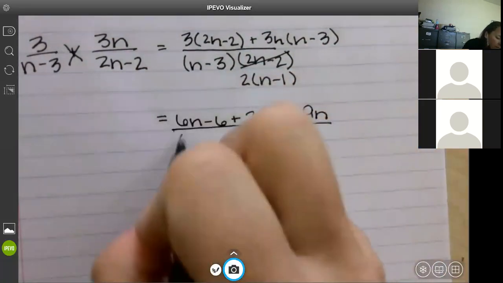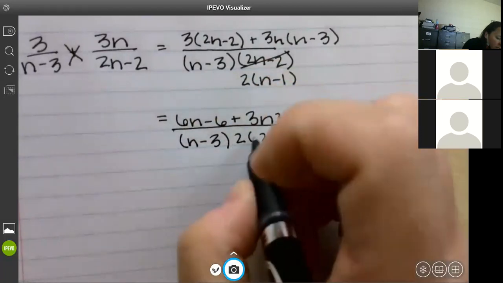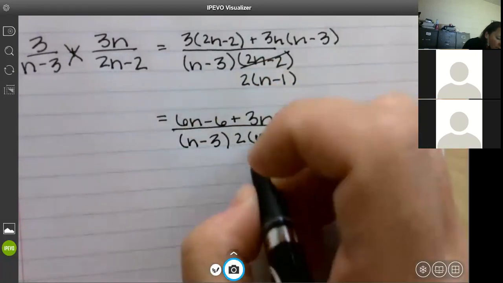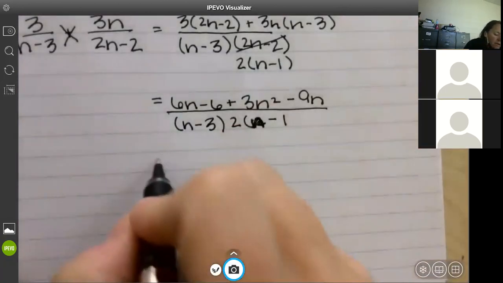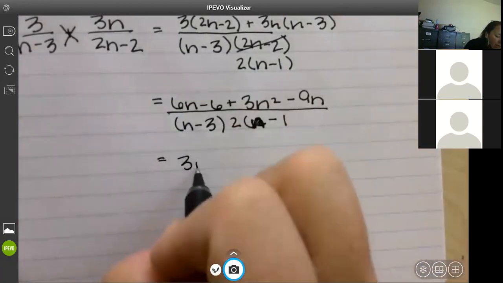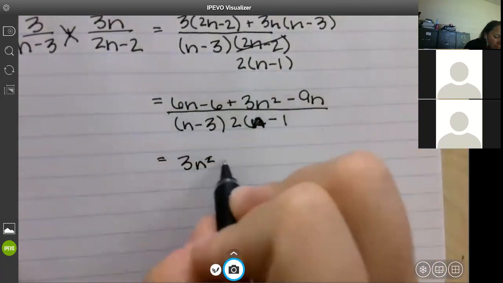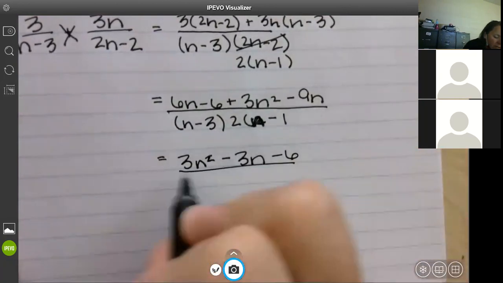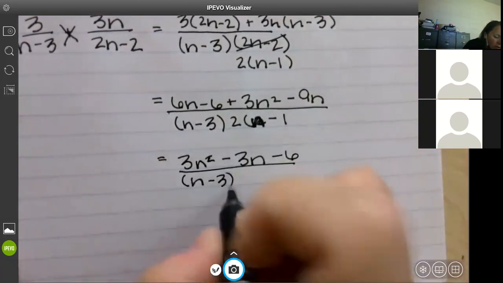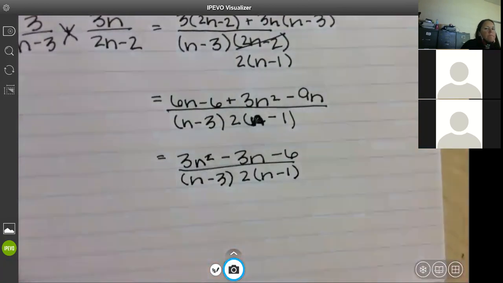On the bottom, n minus 3, watch that 2, whoops, n minus 1. I cannot write today. Clean the top up. 3n squared, what's 6n minus 9n? And then we have a minus 6 over n minus 3 times 2n minus 1.